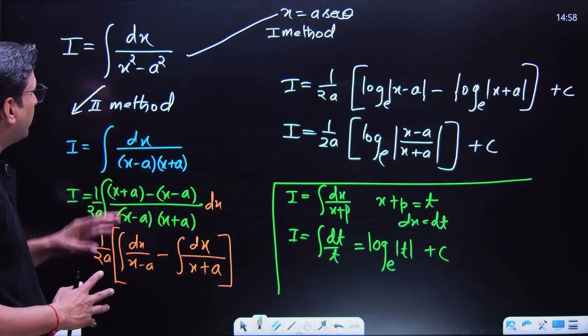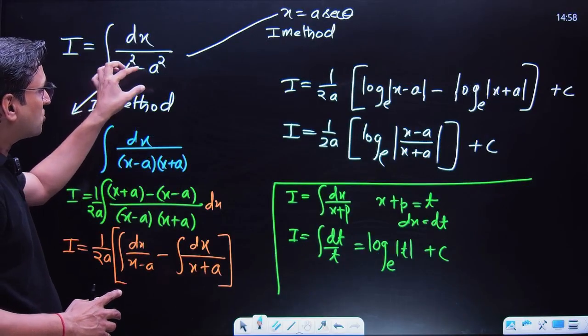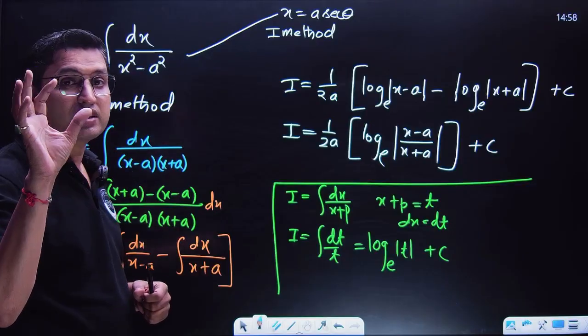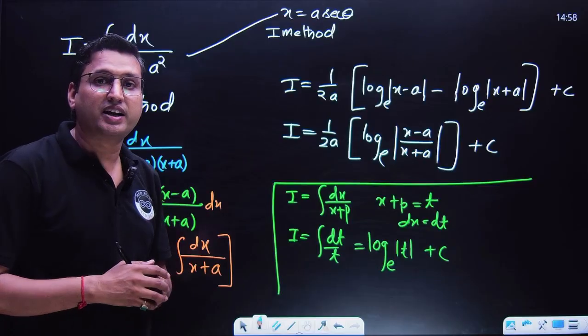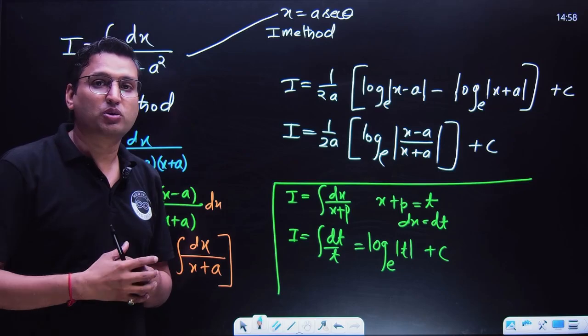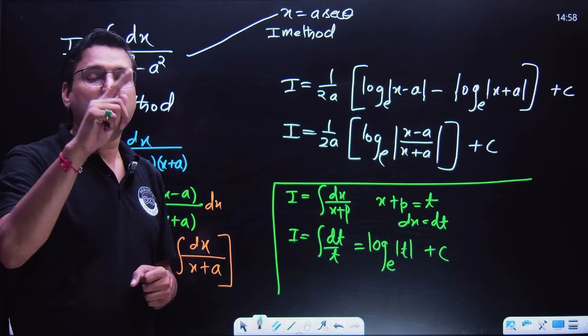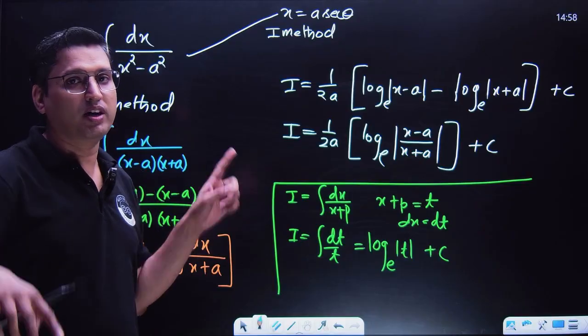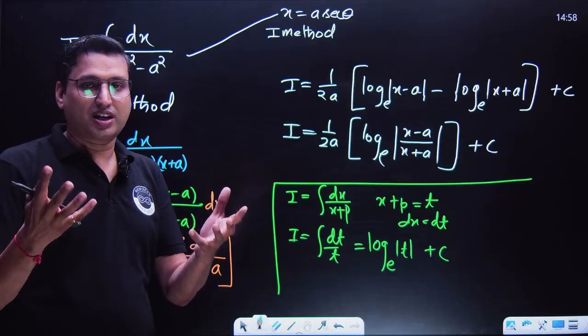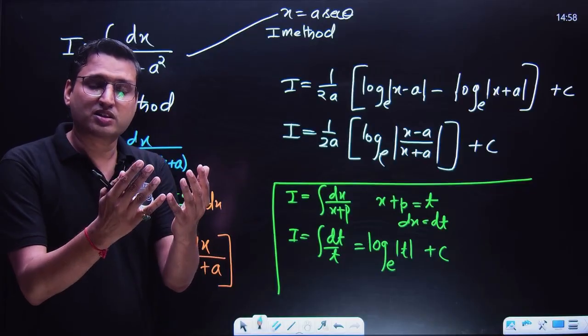After that we did the integration of dx upon x square minus a square. In that also I utilized the same trigonometric identity: I substitute x is equal to a sec theta so that it becomes sec square theta minus 1, or we can substitute x as a cosec theta and get cosec square theta minus 1.